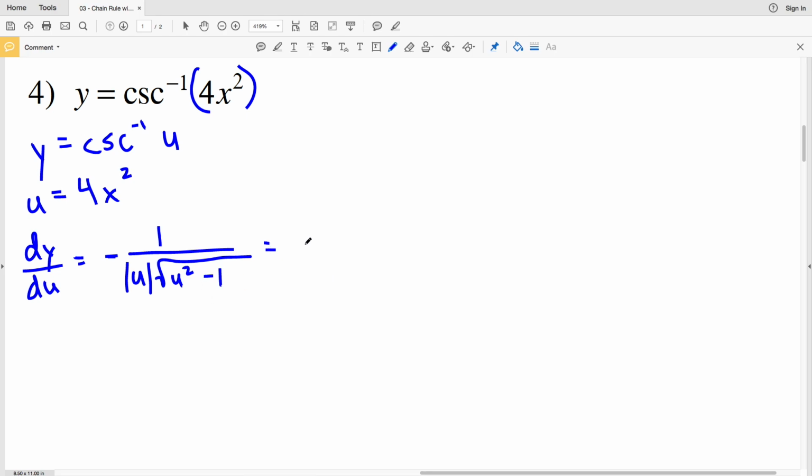So simplifying this, that's going to be negative 1 over the absolute value of u is the absolute value of 4x squared times the square root of u squared minus 1, which is the square root of 4x squared minus 1.